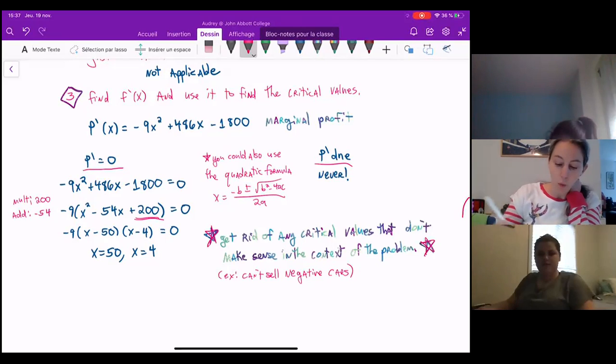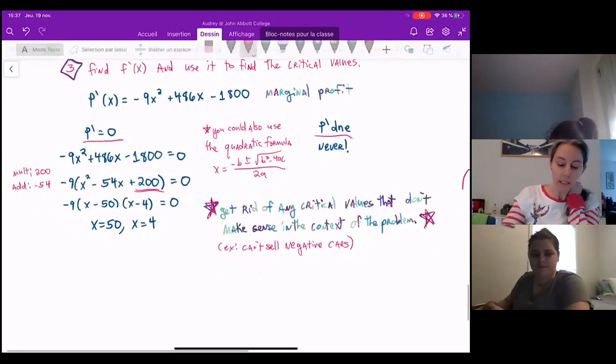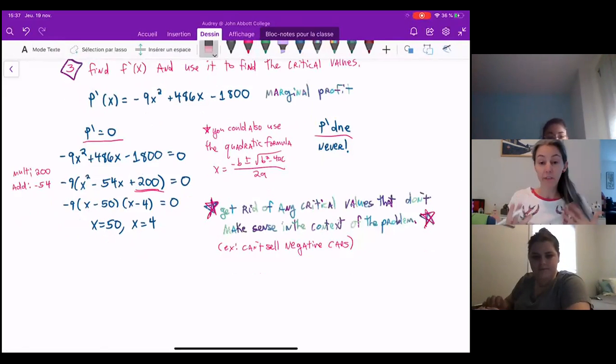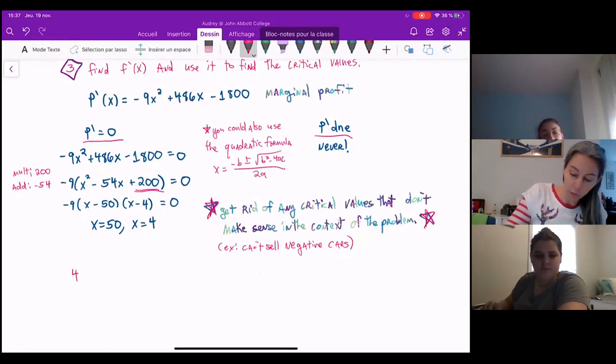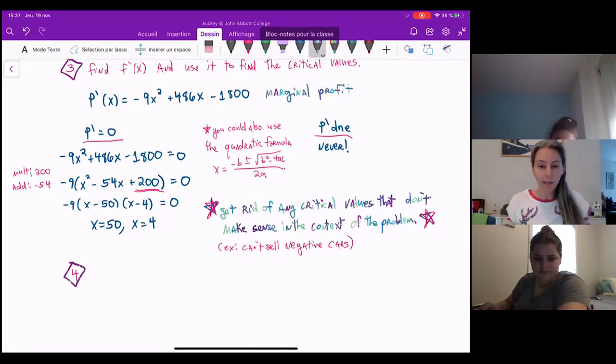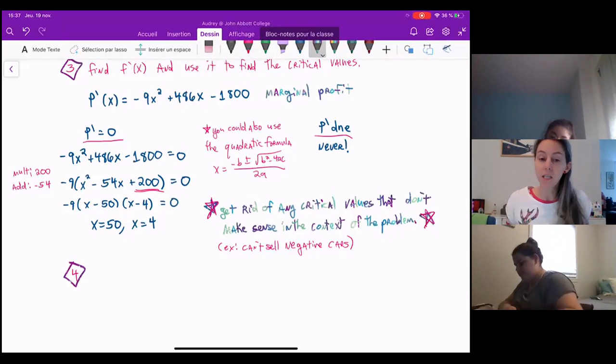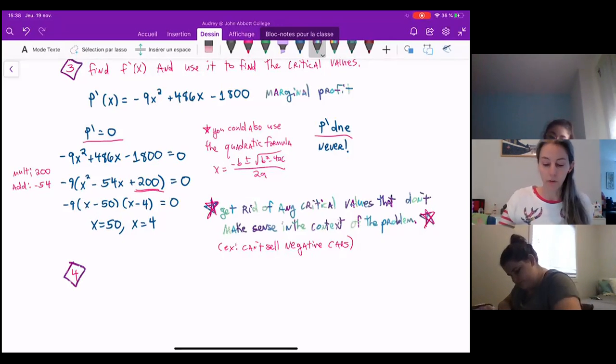Okay, so then my next step is, I know that that 50, that 4, they could potentially be maximums or minimums. So maybe one of those is my maxima. So what we're going to do next is, we've learned 3 tests for determining if things are maxes or mins. Typically the easiest test to apply in this situation is the second derivative test.